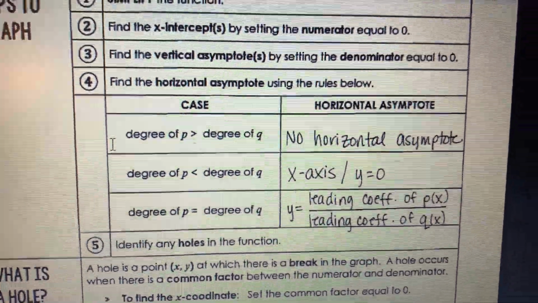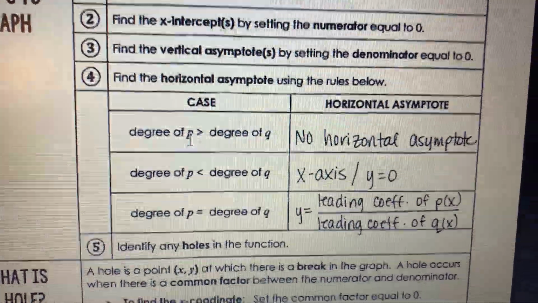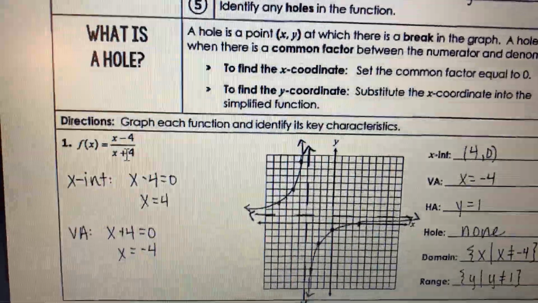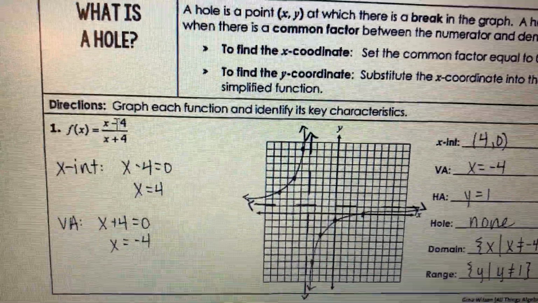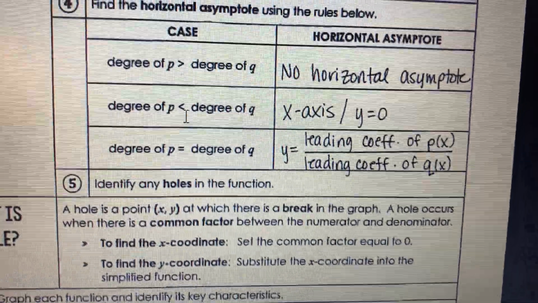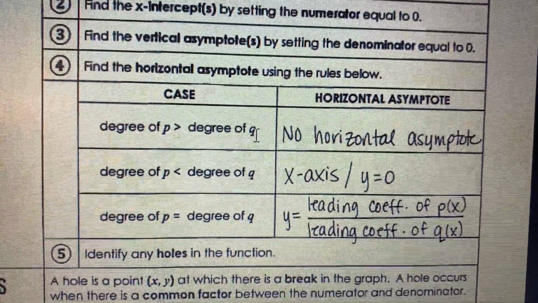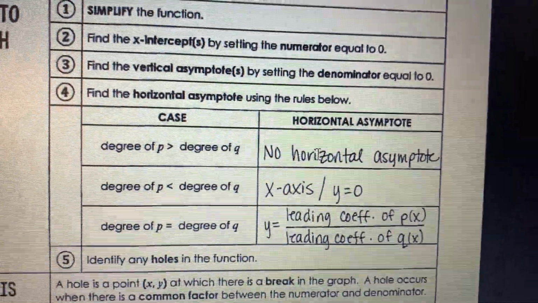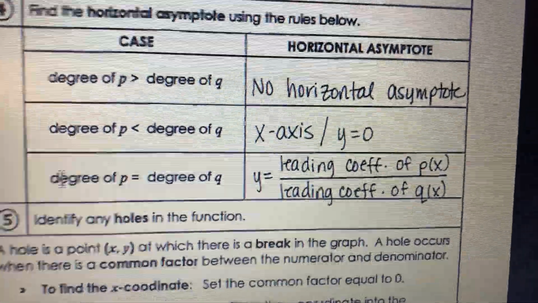And so there are rules for finding the horizontal asymptote. If the degree of the thing on top, so P, remember P is the polynomial on the top, is bigger than the degree on the bottom, then you will not have a horizontal asymptote. There are 3 cases.